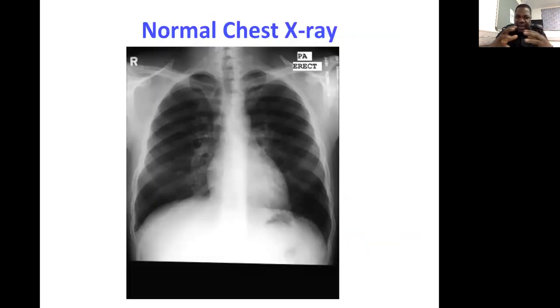So this is how a normal chest X-ray looks, where everything is black. It means that there is air in the air spaces. You can see both chests, there is no obstruction. There is a very good presence of air in all the air spaces.